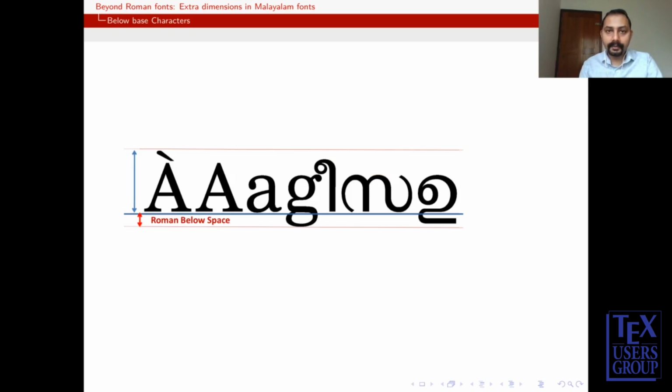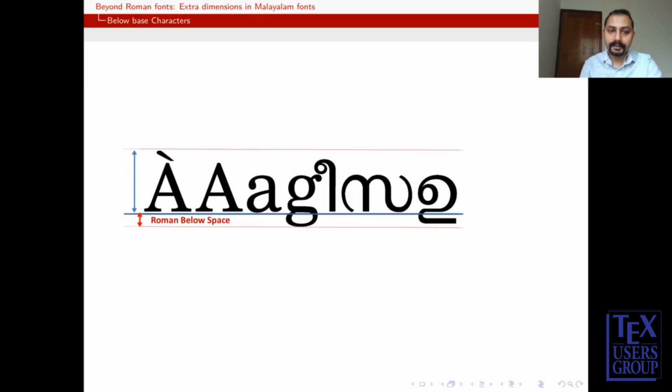When we combine multiple scripts, usually documents or typesetting is done with a combination of English language and Malayalam language. So there are Latin script as well as Malayalam script intertwined in the document. And you can see when both fonts are used in a combination, you can see the contrast. So the above base, which takes the x height, and the below base, which is much lower comparatively.